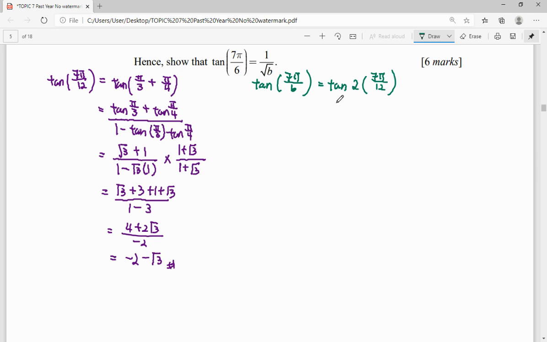We use the double angle formula, which will be equal to 2 tangent A over 1 minus tangent squared A. And we use our result from part A, where tangent 7 pi over 12 is equal to negative 2 minus root 3. So we plug in our value.